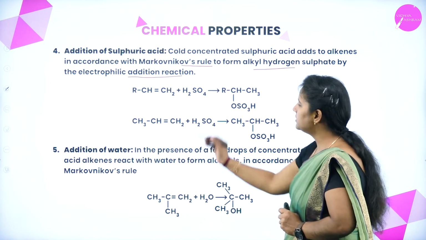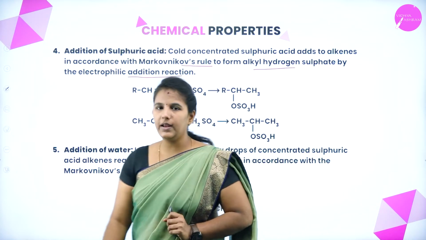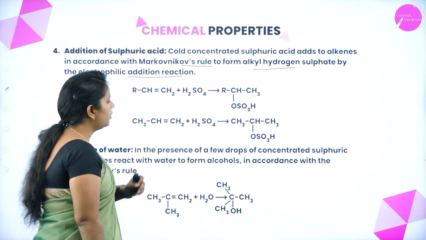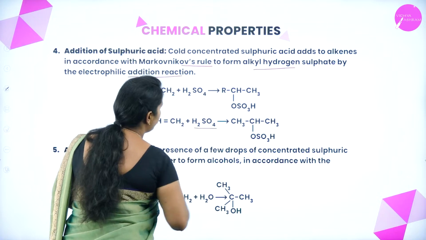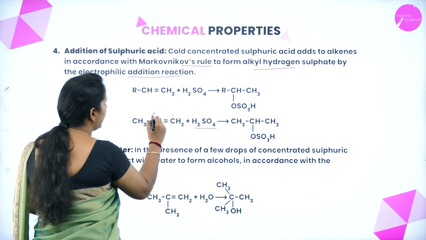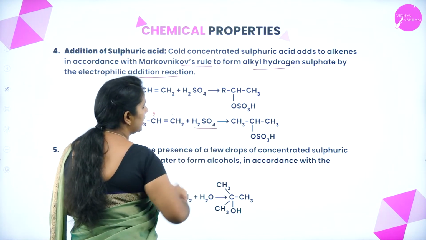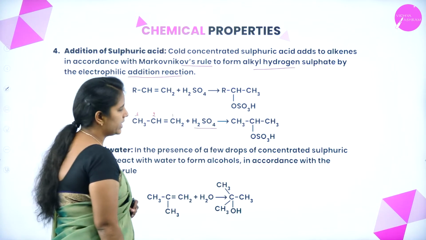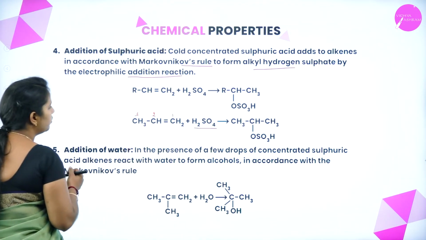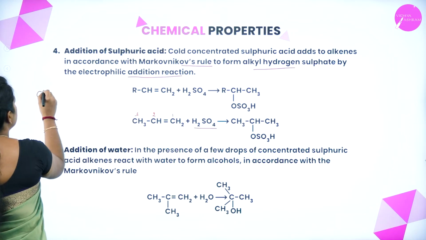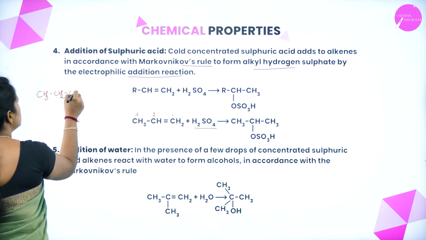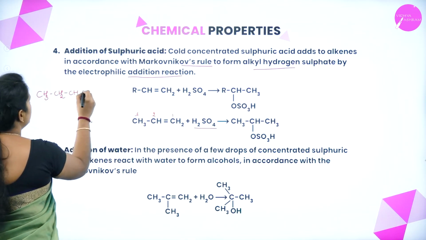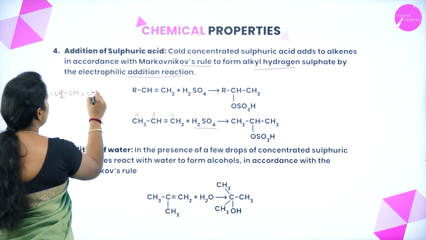So it attacks the second carbon atom and forms an alkyl hydrogen sulfate. For this I have considered propene as an example, which is allowed to react with concentrated H2SO4. This HSO4 attacks the second carbon atom and forms an alkyl hydrogen sulfate. You can write one more example for this. I'll consider butene, CH3CH2CH=CH2.